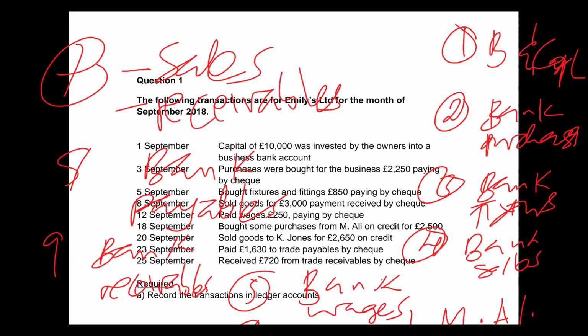So it will be bank as the details, yeah? Okay. How much is that? Do we have any other for wages? I think it was the only one, 250. Yeah, it was the only one.